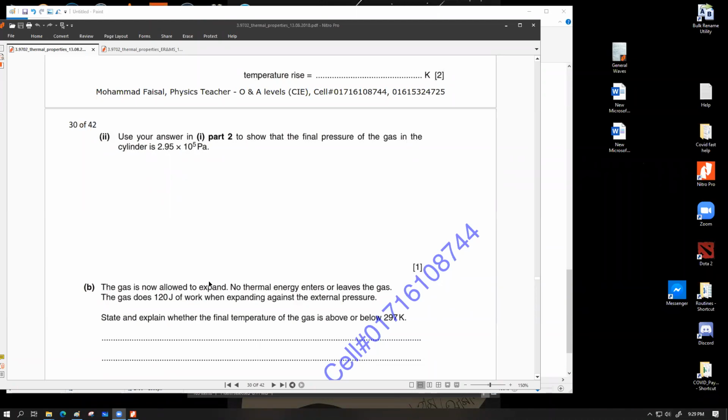Some students considered that, whereas some students considered the entire 120 joule was going out. So they considered the scenario, I mean, this part of the work done after the heat was applied. So that's why different students could quote different values of the heat energy that was going out of the system, but both of them were considered to be correct. But the 120 joule is the more correct answer here, right?